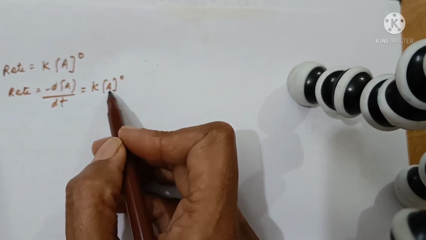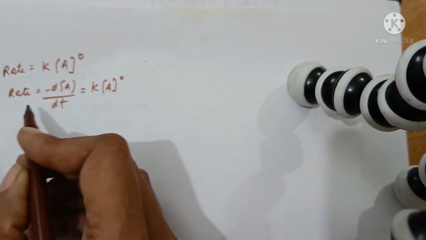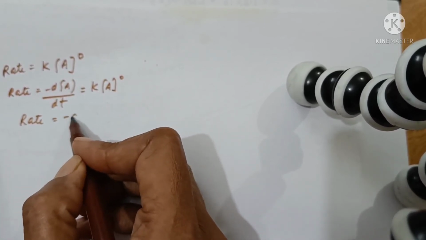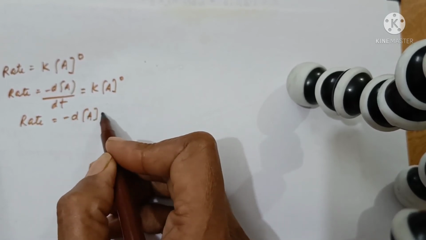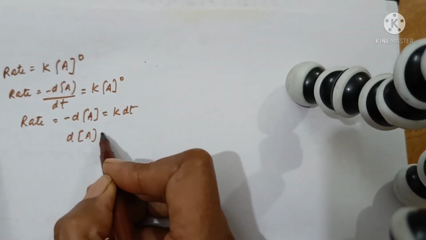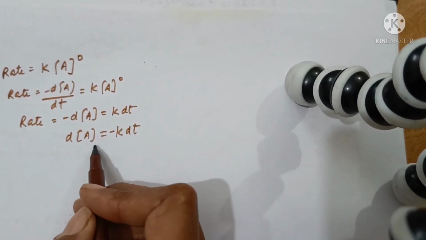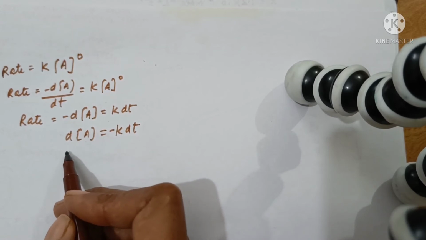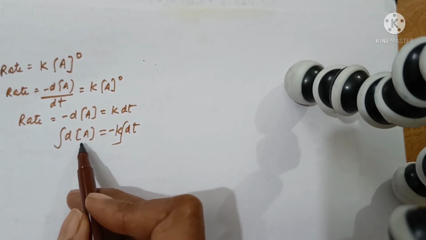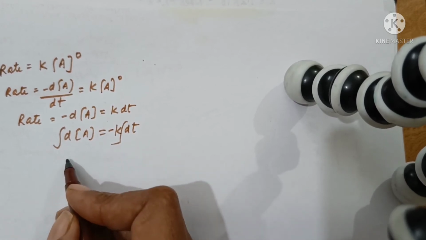But A raised to power 0 is 1, and taking dt to this side, we get differential of A is equal to minus k dt. Now to find out the integrated rate equation, let us do the integration of the equation. So we get integral of d of A is equal to minus k into integral of dt.